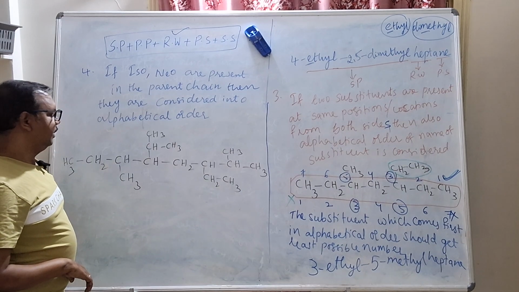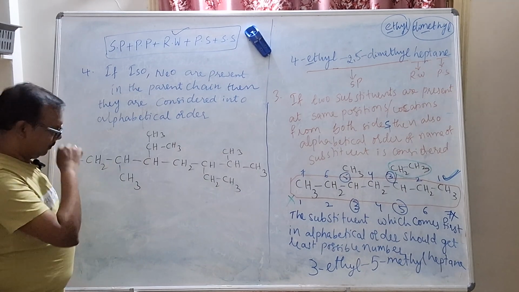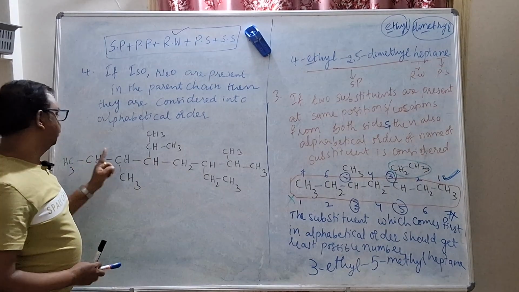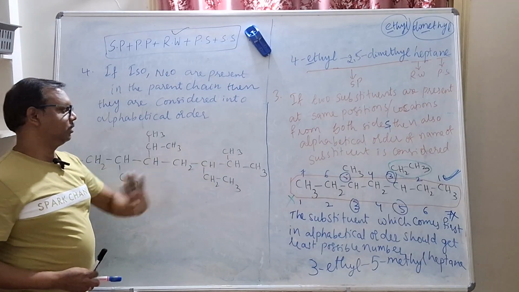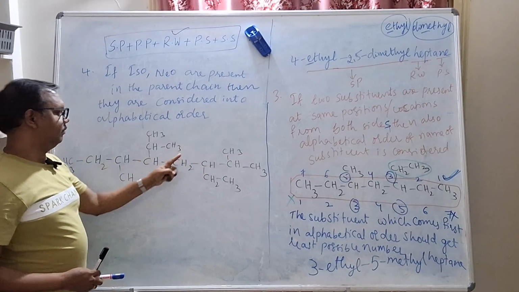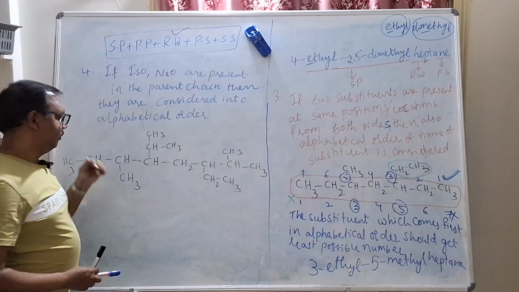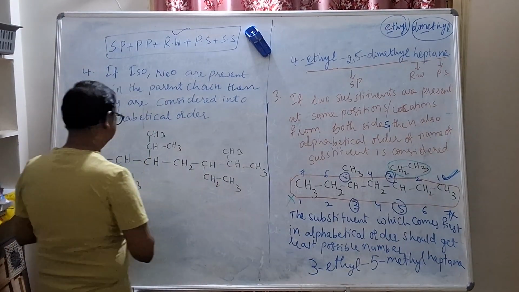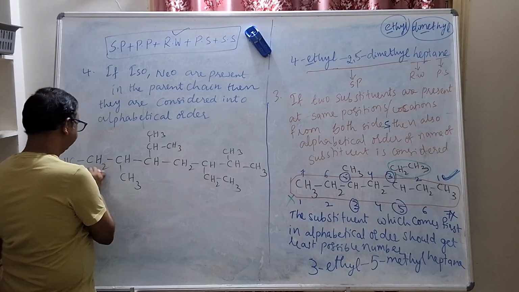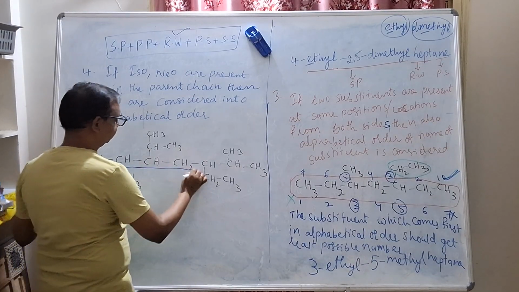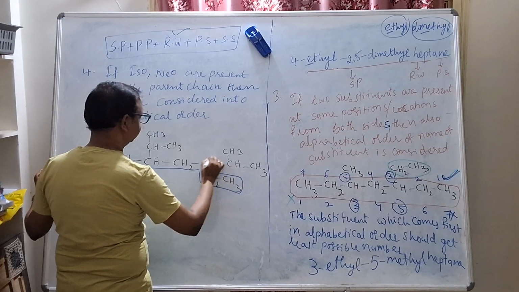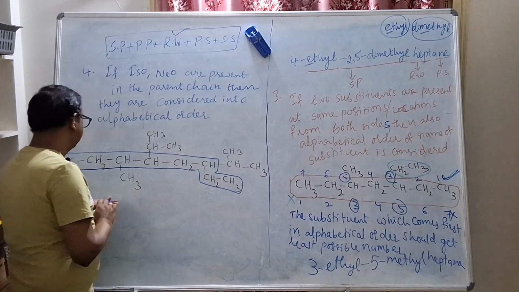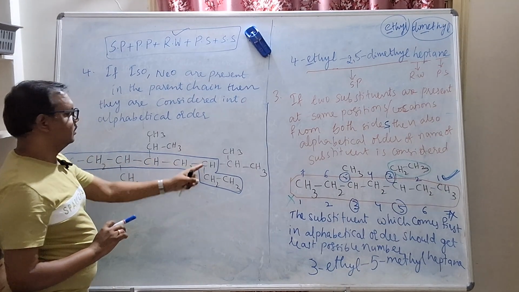Which parent chain can be considered? There are different possibilities in this. 1, 2, 3, 4, 5, 6, 7, 8. I am writing with different colors. 1, 2, 3, 4, 5, 6, 7, 8.